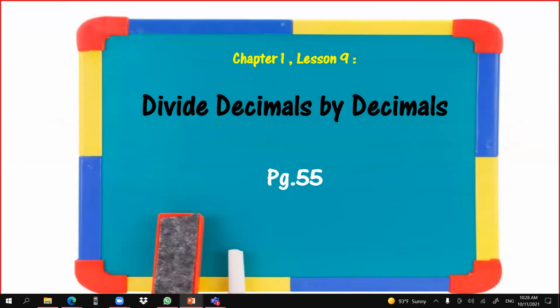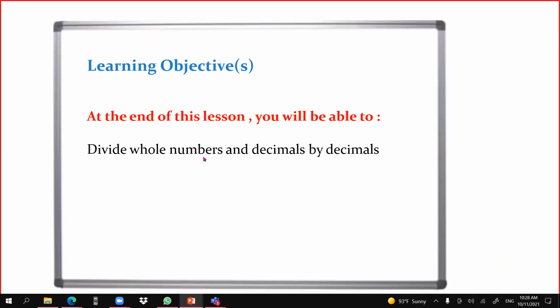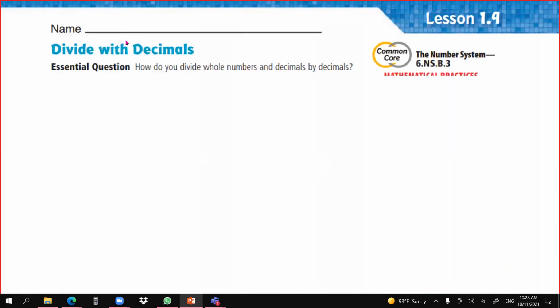What can we do? Look at me now. If you have 3.7 divided by 1.8, what do you see? You see a decimal that is divided by a decimal.